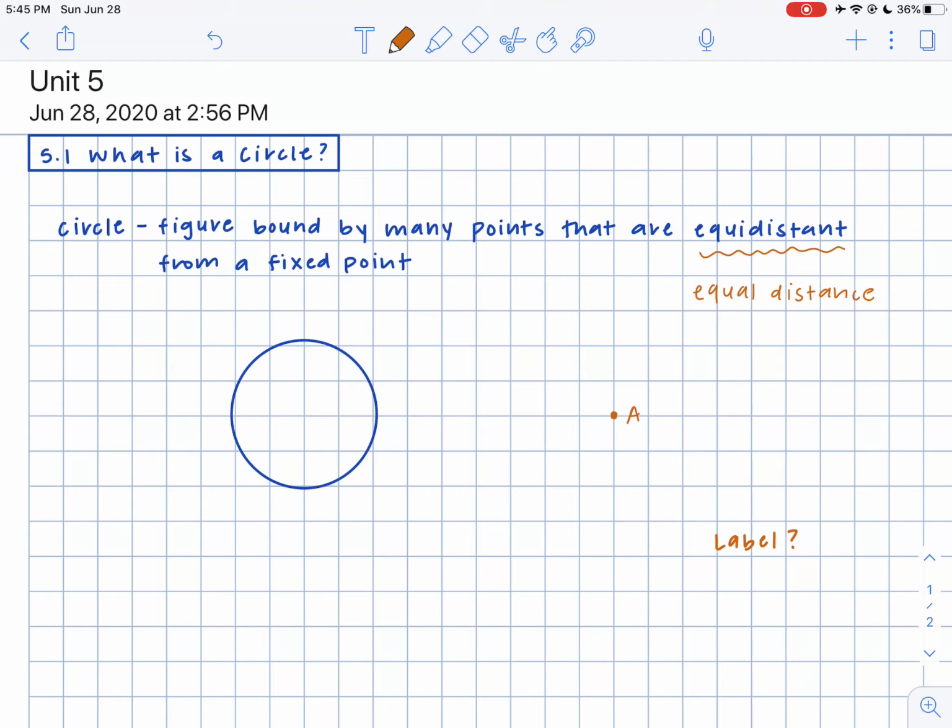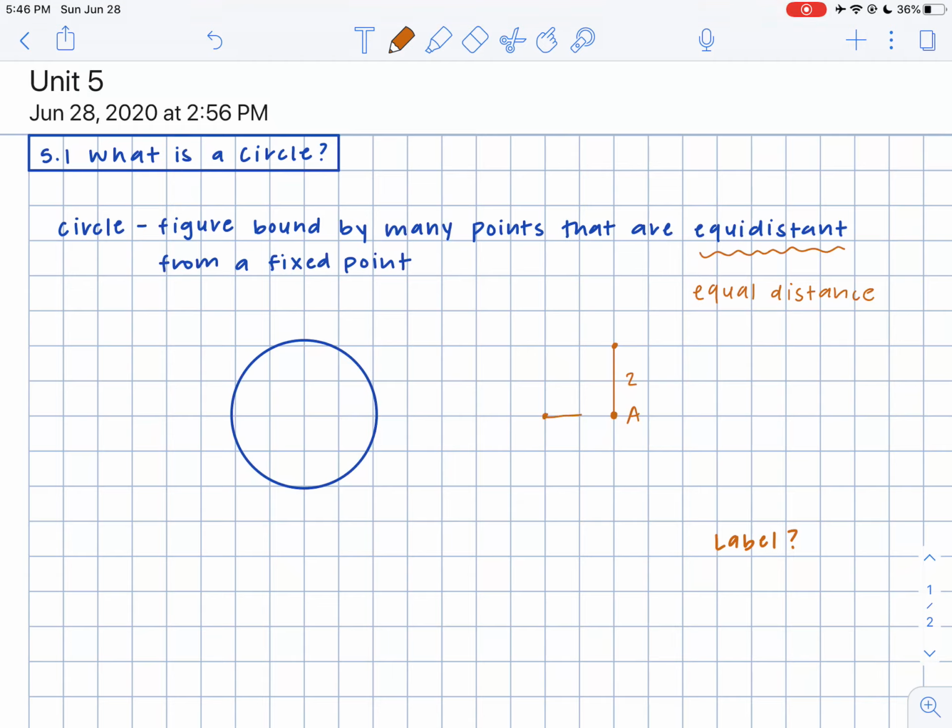So a circle is bound by many points that are equidistant from a fixed point. So we are going to draw many points that are of equal distance from this fixed point, okay? So let's say a distance of 2. Now here's one point, and it has a distance of 2.